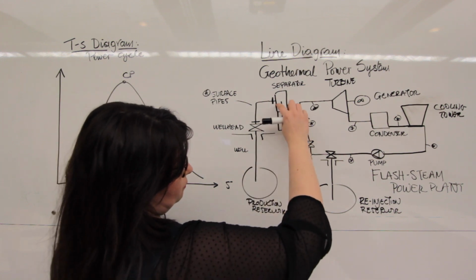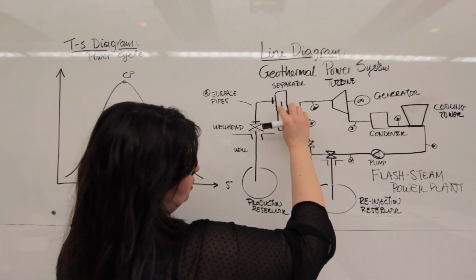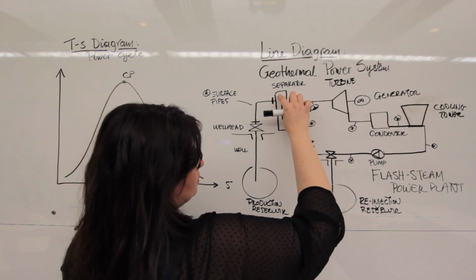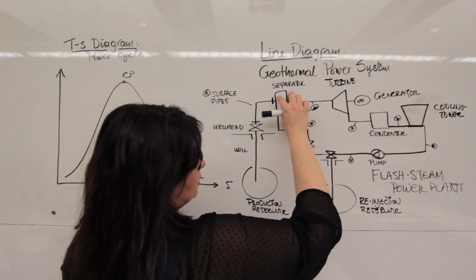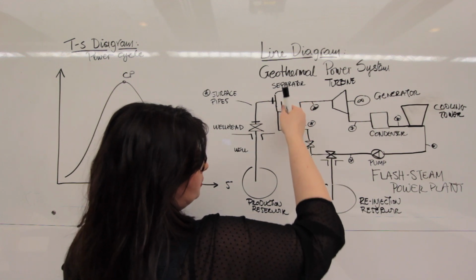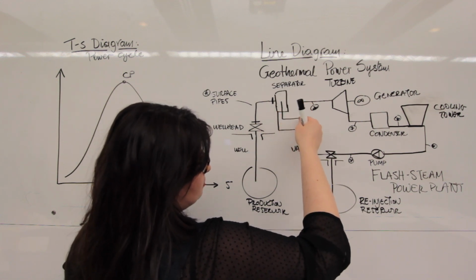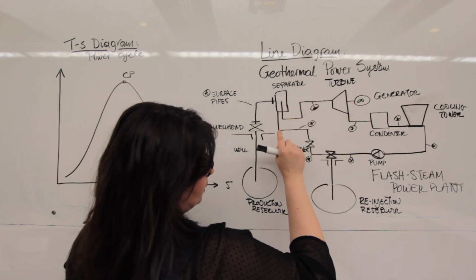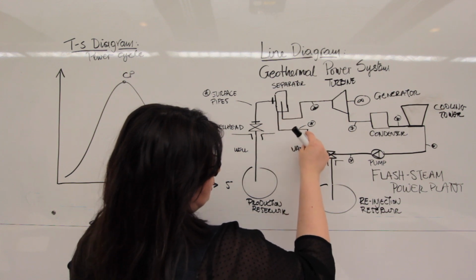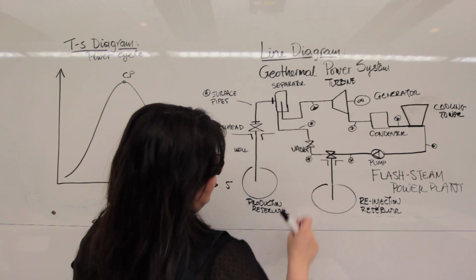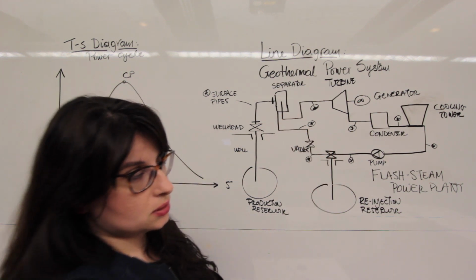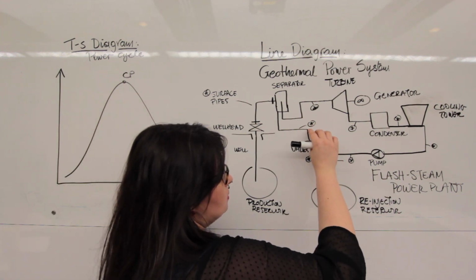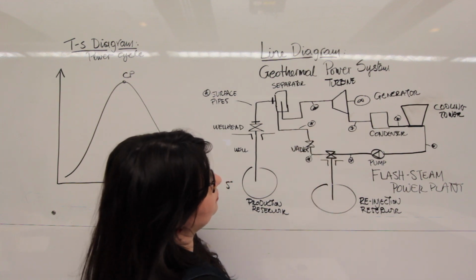You will have fluid in liquid form accumulating at the bottom, and vapor collecting at the top. As we said, we have a pipe that allows the steam to be directed to the steam turbine, and we have another pipe that collects and directs the liquid condensate out of the separator.